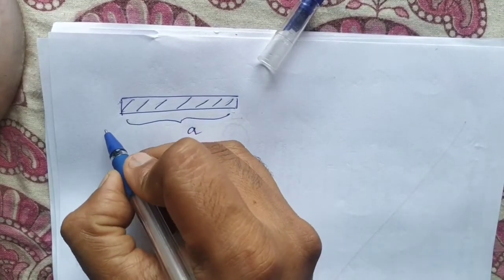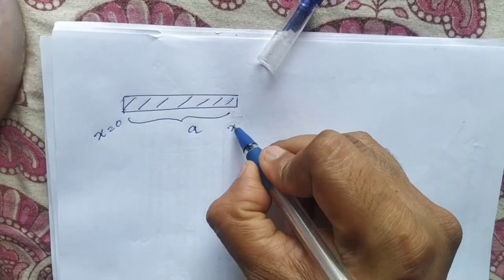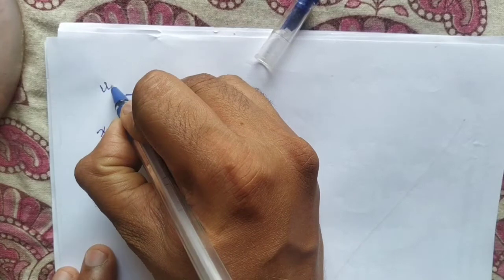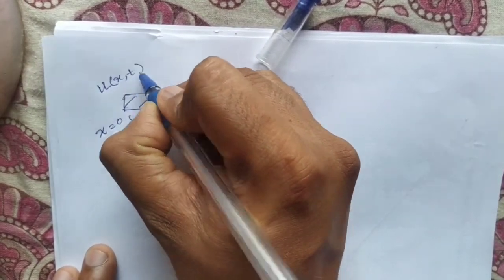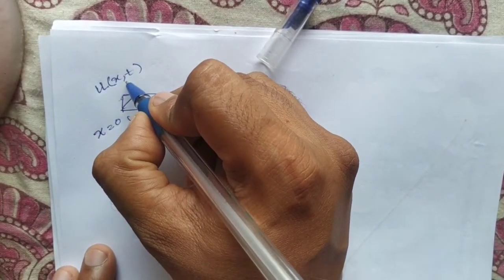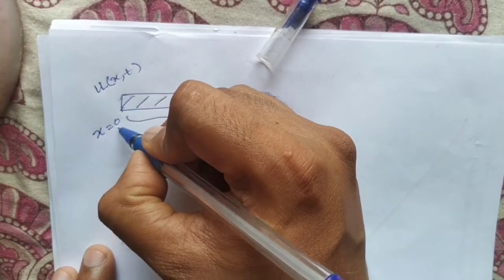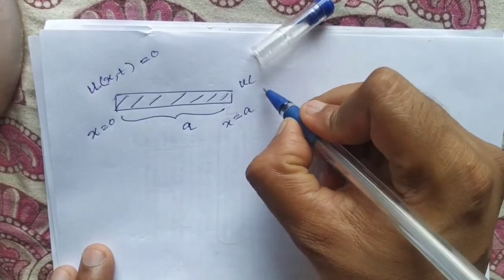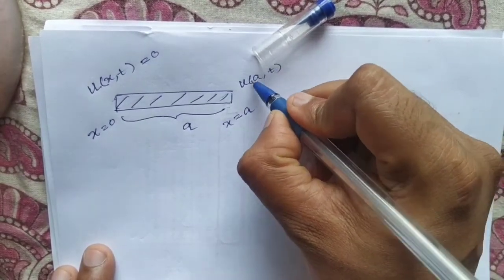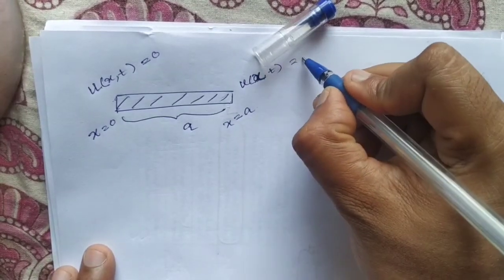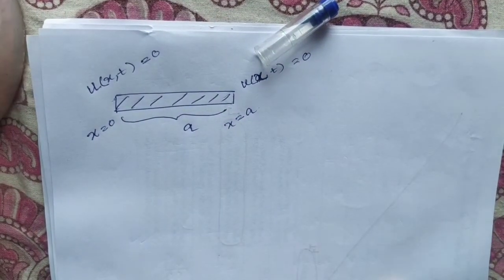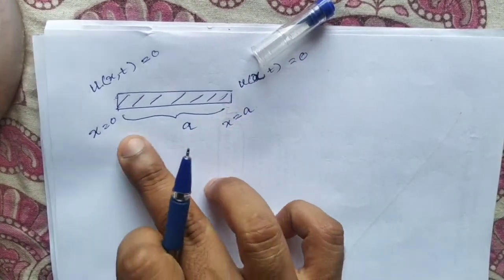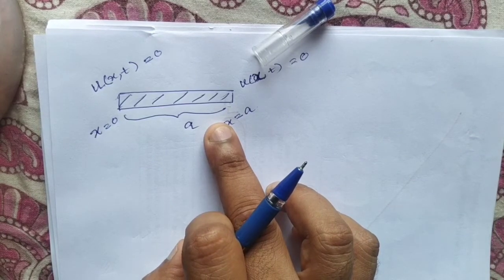So whenever x is equal to 0 and x is equal to a, we take the temperature as a function u with the argument (x, t). When x is equal to 0, this is equal to 0, and when x is equal to a, u(x, t) is also equal to 0.